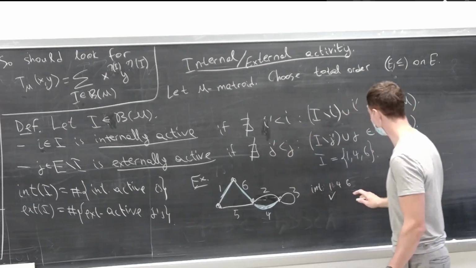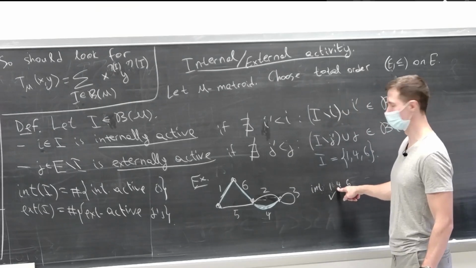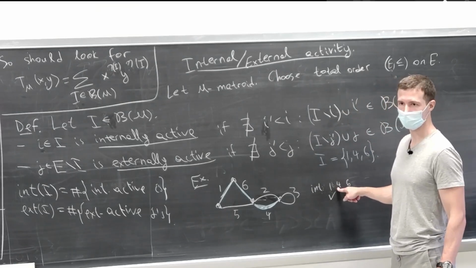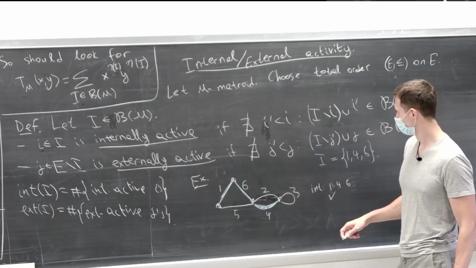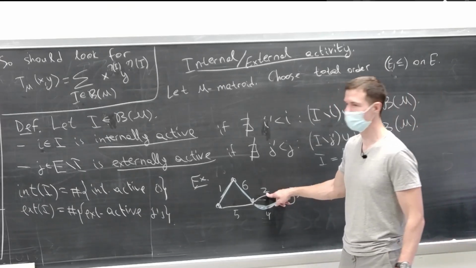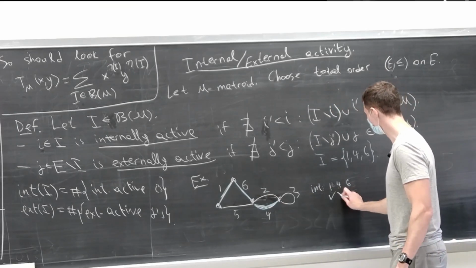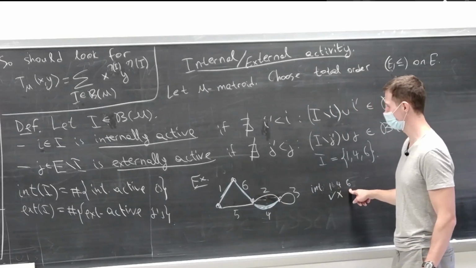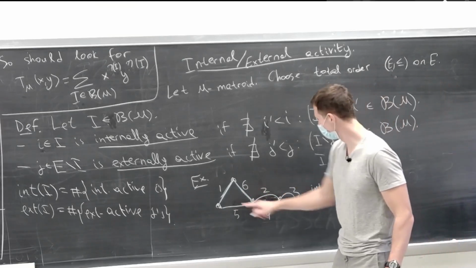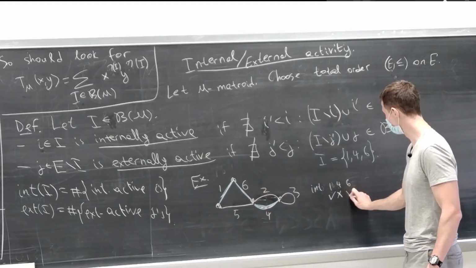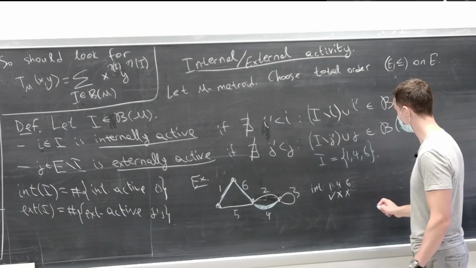So it's internally active. What about 4? No. You can replace 4 by 2 and still get a spanning tree. So 4 is not internally active. How about 6? No, you can replace 6 by 5 and still get a basis.